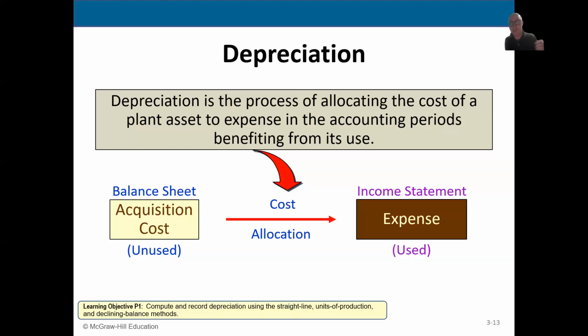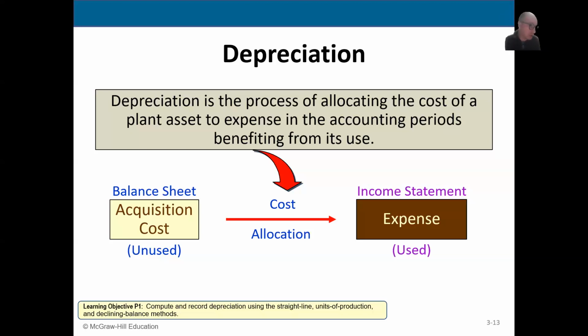Depreciation is a process of allocating the cost of the plant asset to expense the accounting periods that benefit from its use. That's your textbook saying that. Dr. B says depreciation is recognizing the loss of the usefulness of the asset over time. We're depreciating it in value. Very simple. Okay.